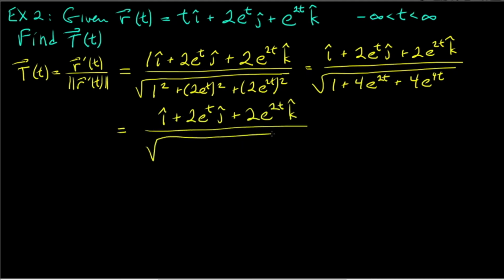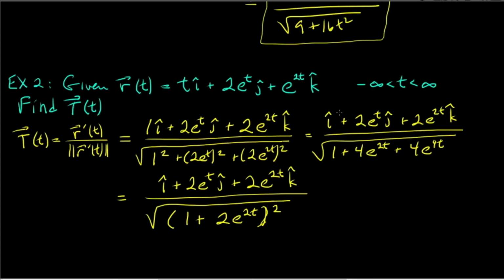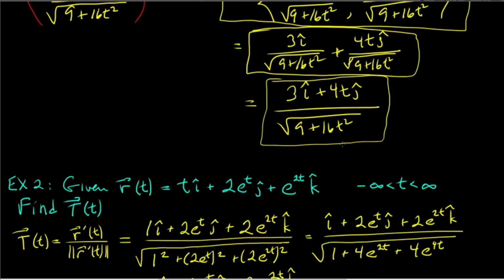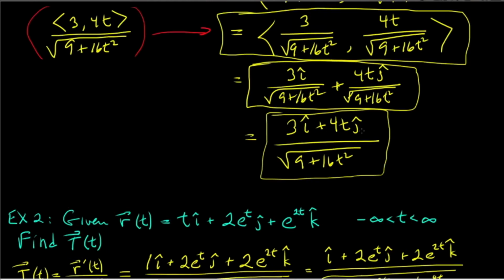Yep, it's a perfect square. It's the quantity 1 plus 2e to the 2t, squared. Right? And that obviously doesn't happen very often. It didn't happen in the previous case, the 9 plus 16t squared. It's the sum of squares, but it's not a perfect square. You cannot split those up.